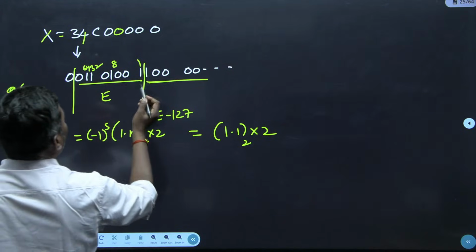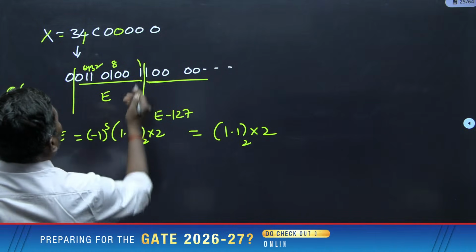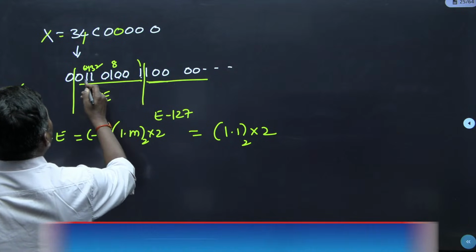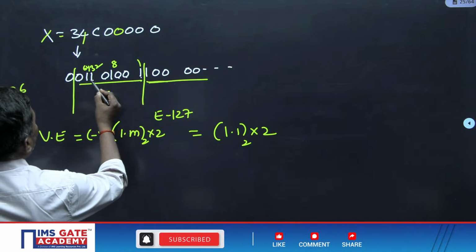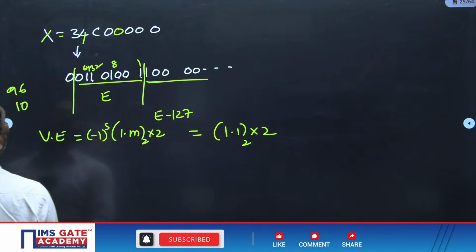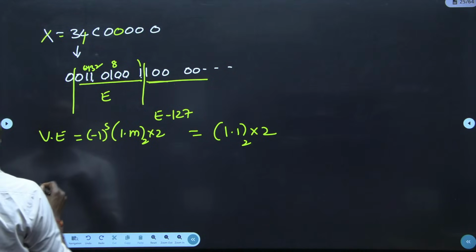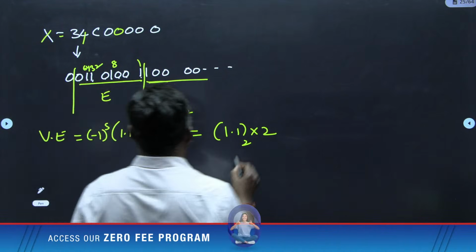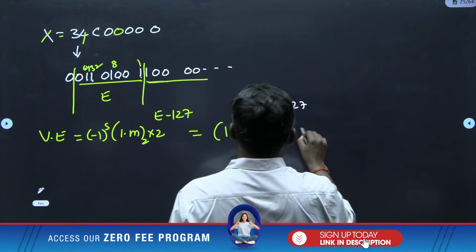Let me check: it is an 8-bit number only, correct? 1, 2, 4, 8, 16, 32, 64. So 96, and the value is correct, so 104, 105 only. So 105 minus 127.